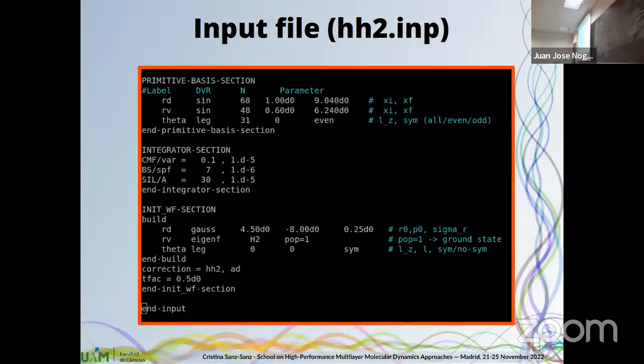Okay, so now we have everything set. We have already more or less understood a little bit of the input file. So let's run the calculation. I have included it in here just in case you didn't have the time before: just copy the input file, the operator file and the run quantics. If you've done it before, you don't have to do it anymore, and then run the calculation.